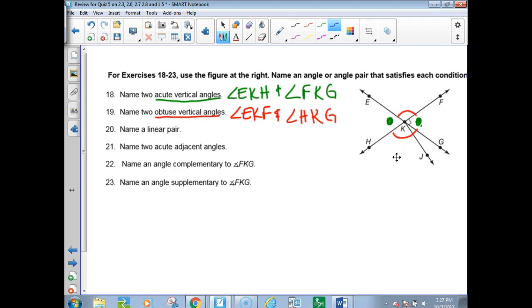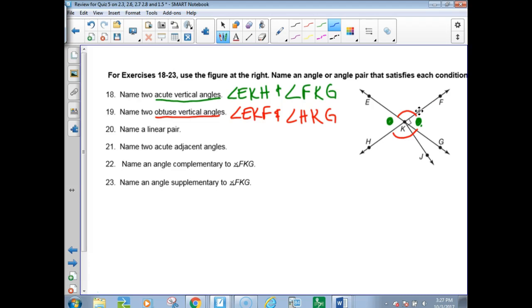Okay, HKF is a whole straight line. So it's already 180. So when I want a linear pair, I want 2 angles that make HKF. 2 angles that make that line would be great.